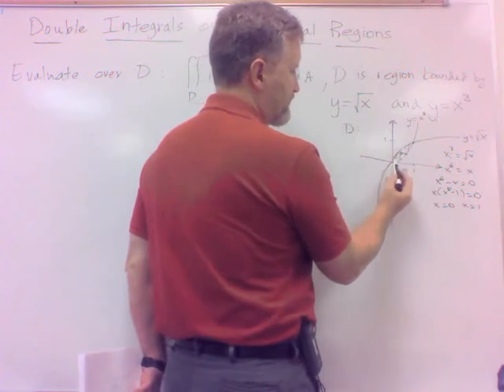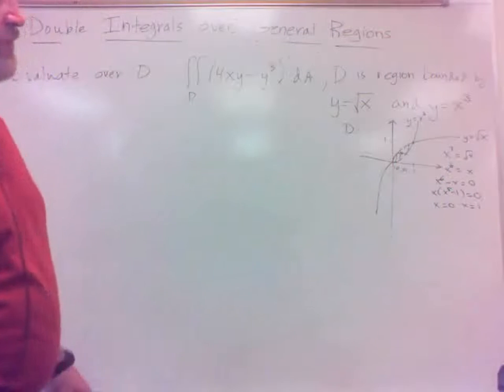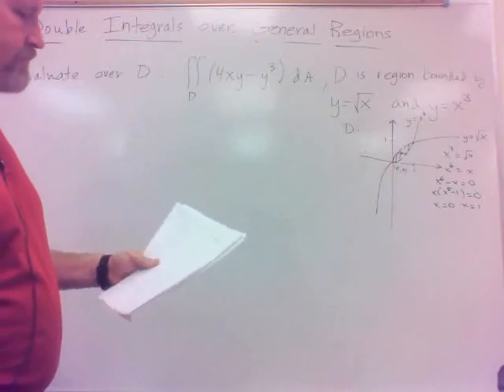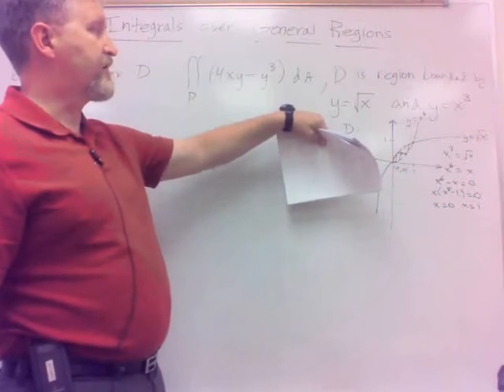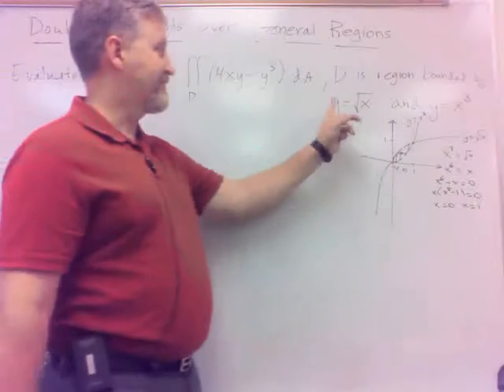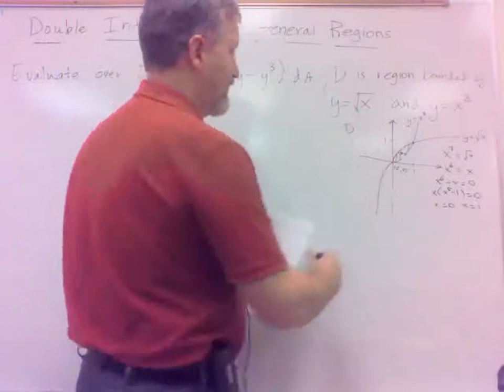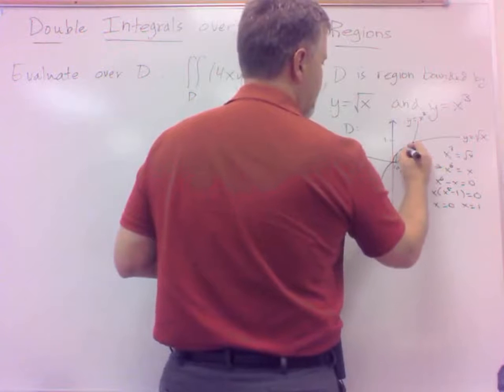That'd be okay because it would still just be the same one all the way through. I don't think it'll matter, but the way the region's boundaries are written, y is a function of x's, right? So it would probably be better, and we won't have to change anything, to go this way.